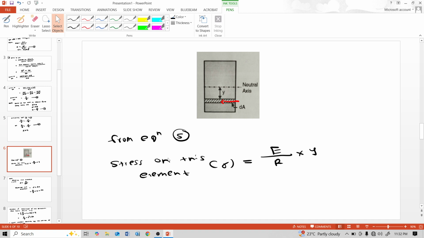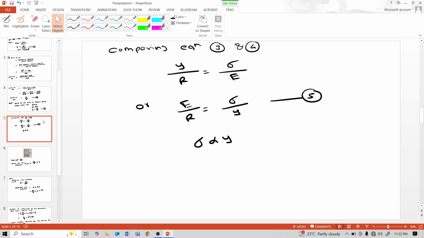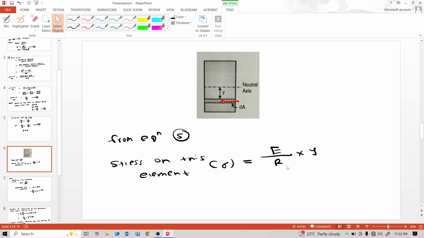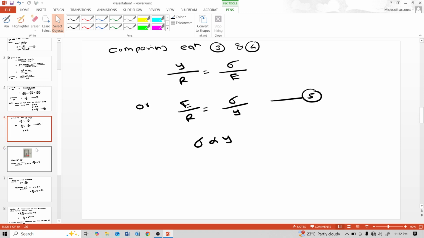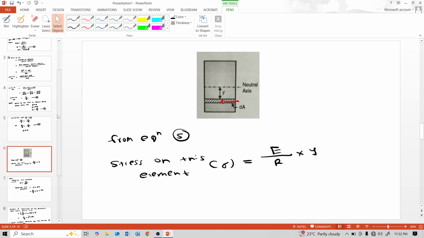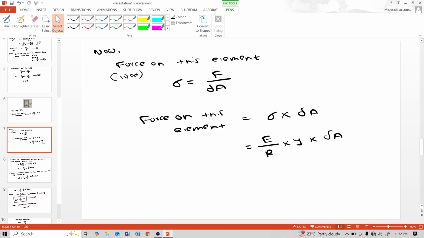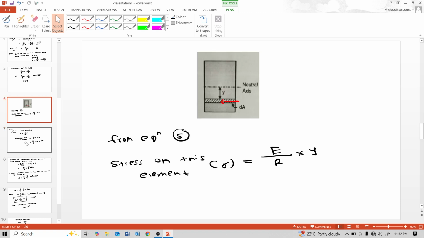Now again, stress on this element, by using this equation, we get E upon R into Y. And force on this element from this equation, stress is equal to load upon area. Force on this element is stress into area, and stress is E upon R into Y, this previous stress.